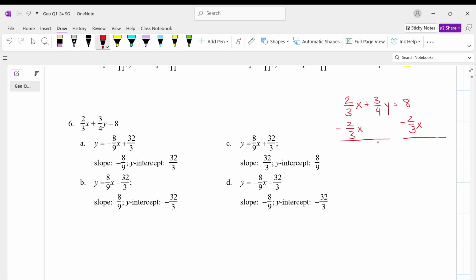On the left-hand side, we're left with 3/4 y is equal to -2/3 x plus 8. And then I'm going to divide everything by 3/4.